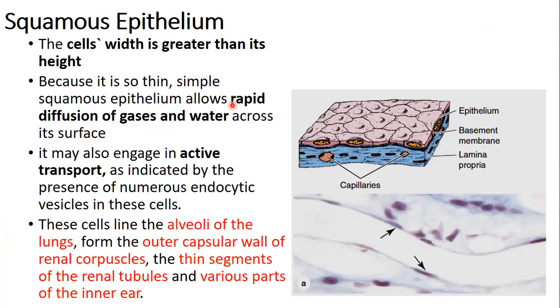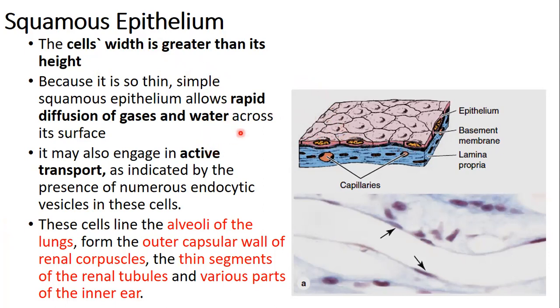So when we find flat cells, we call it squamous epithelium. So here we're saying the width of these cells is greater than their height. You see that these cells are broad, but they are not tall. So we call these cells flat cells. Even their nucleus here appears flatter.